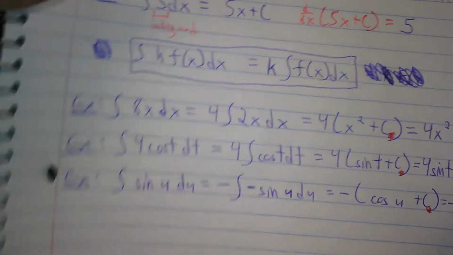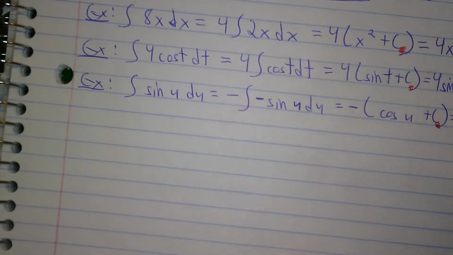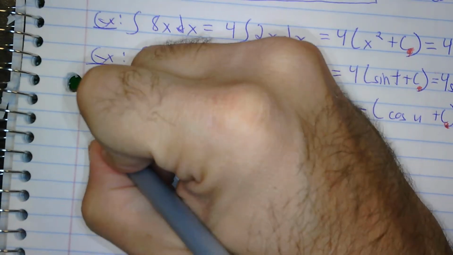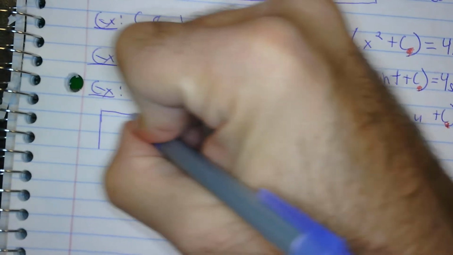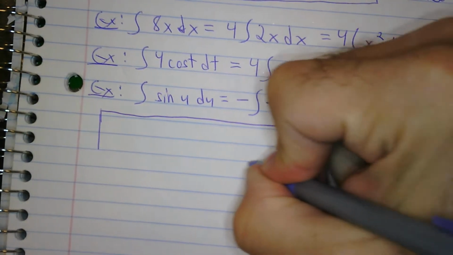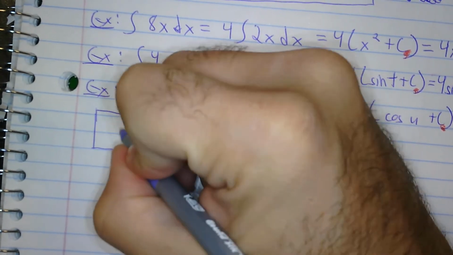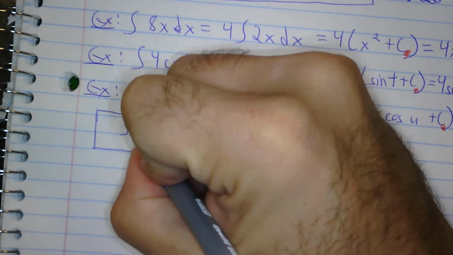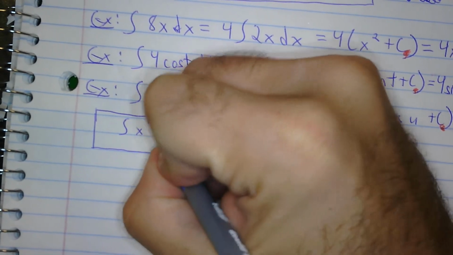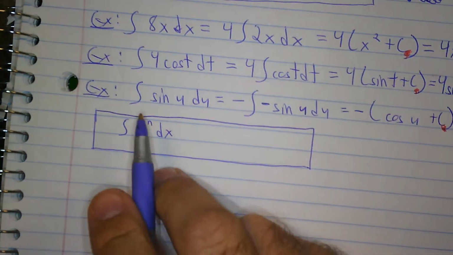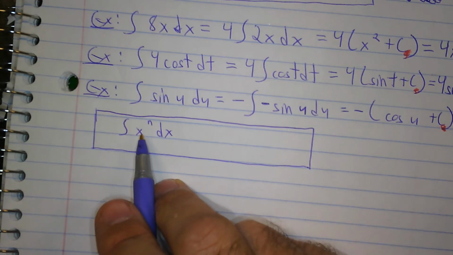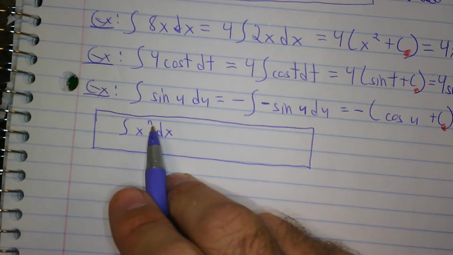All right. Next, we have one more rule that we want to definitely talk about explicitly today. So that's going to be this rule, and you'll use it all the time. So if I have an integral of x to the n dx, my integrand is a what type of function? It's a power function, right? Like x squared or x cubed or whatever.